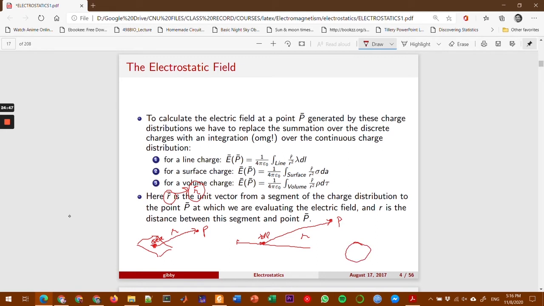Tapos na ako volume element diha. Okay? And then this is what we call my rho d tau. And I want to calculate the electric field at point P due to this charge distribution, and the distance here is given by this. So mo na siya ang pasabot ani nga equation, these three equations here. So we have for line charge distribution, and this is for the surface, and for the volume charge distribution. Okay.